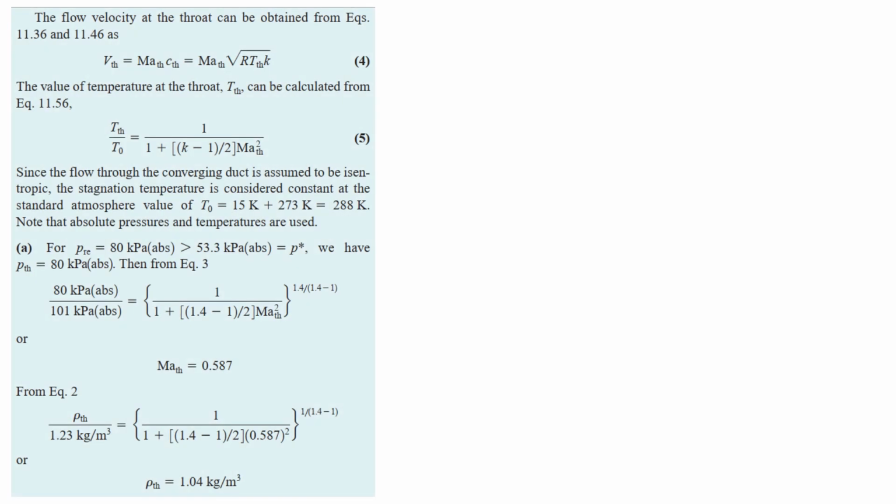Now for finding the velocity, that was in the equation m dot is equal to density at the throat, area at the throat, and the velocity at the throat. To find the velocity we are going to use this equation, the equation of speed of sound, that is c is equal to square root of RTK, that we derived, and we already know that Mach number is V over c.